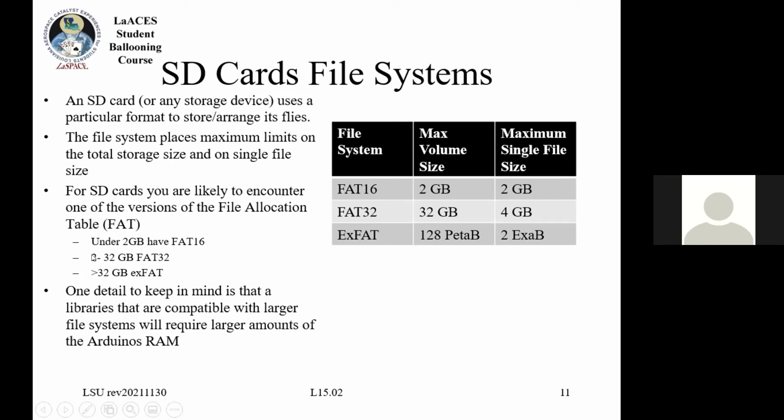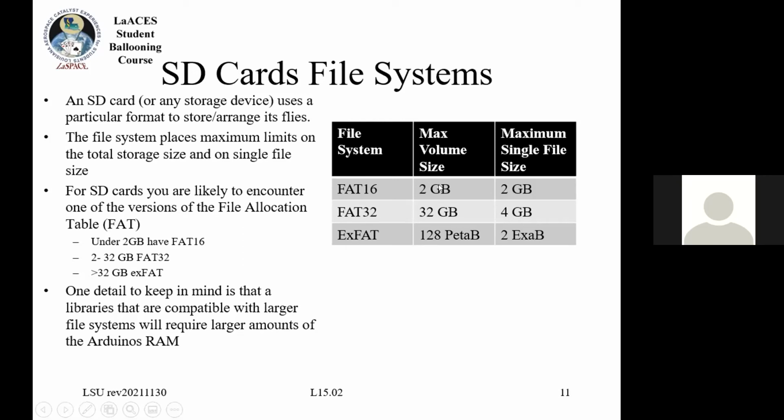What you will be using, so we sent you guys 32 gig SD cards, and those should be using the FAT32 system. If you get a real big SD card, like a 64, a 128, or a 1 terabit SD card, that will use the exFAT system.